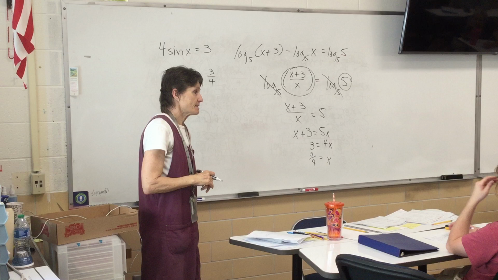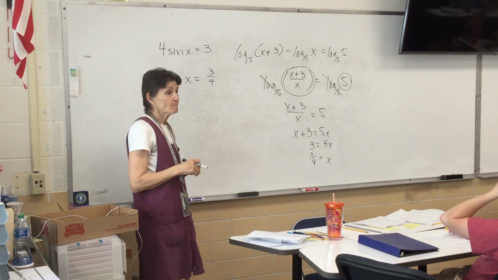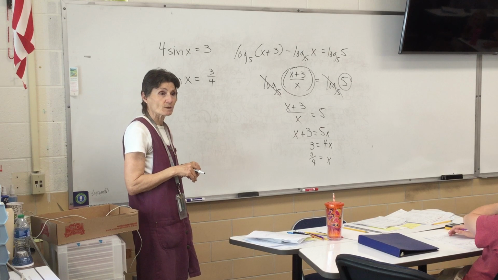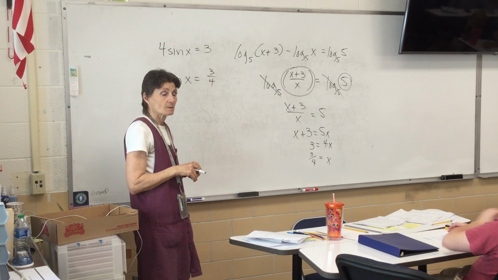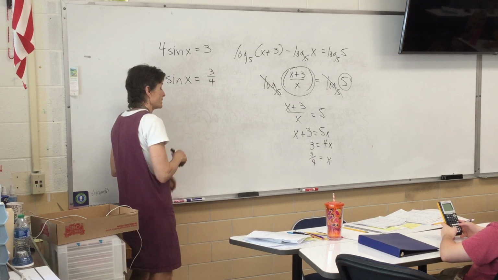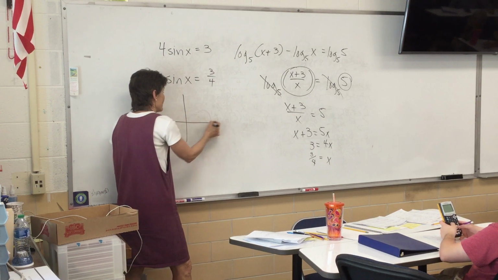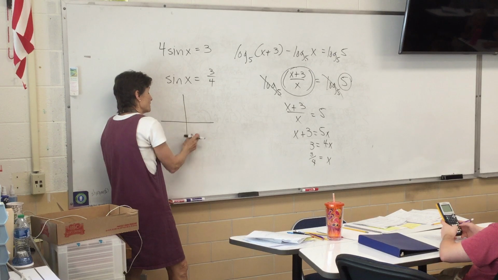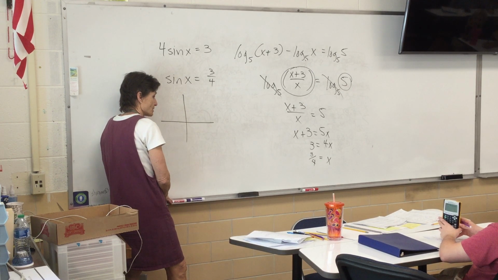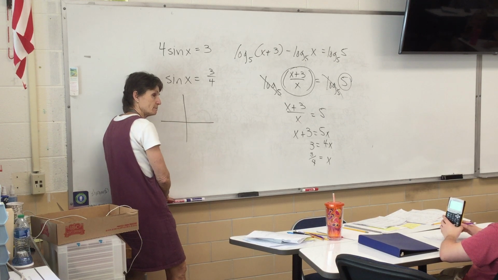Now, what this says is there's an angle out there somewhere, and when you take its sine, you get 3/4. So the first thing you got to decide is where would that angle be? If its sine is a positive 3/4, where could I draw it?